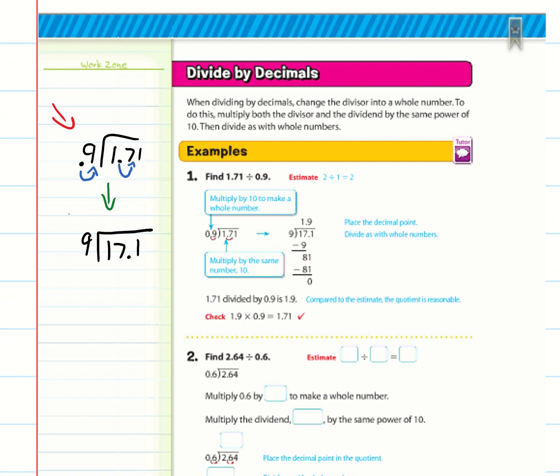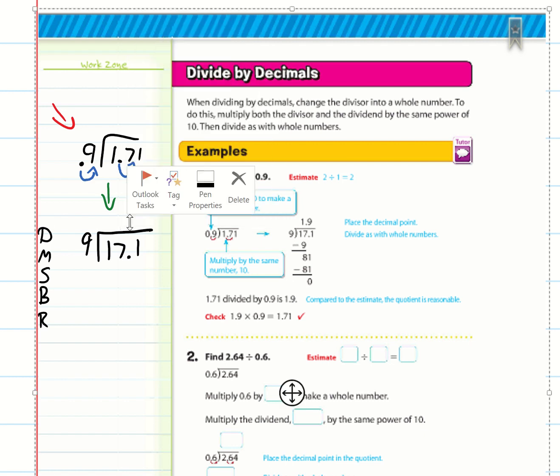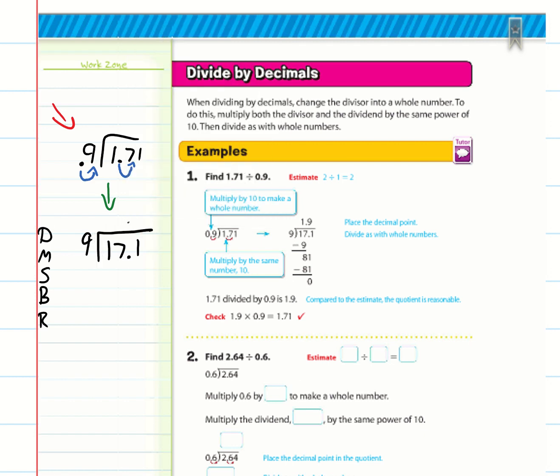So now we do our dividing. So divide, multiply, subtract, bring down, repeat. And remember, since we're dividing decimals, then there's going to be no remainder. So I'm going to put the decimal just above the dividend, so the decimal of my quotient is going to be the same. 9 goes into 1 0 times. 9 goes into 17 once.